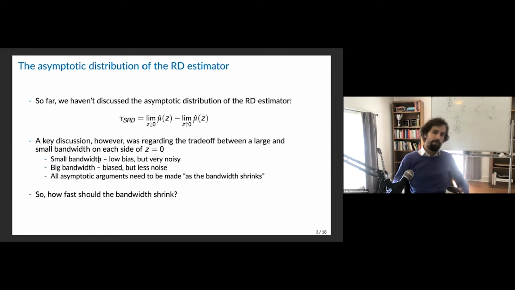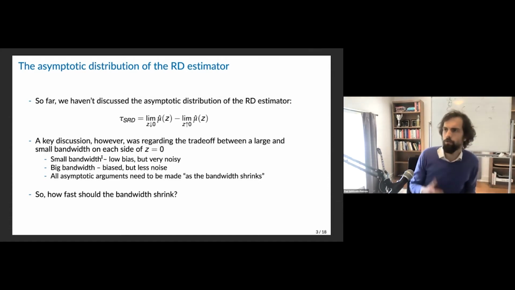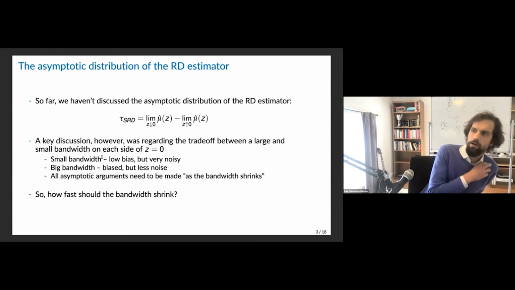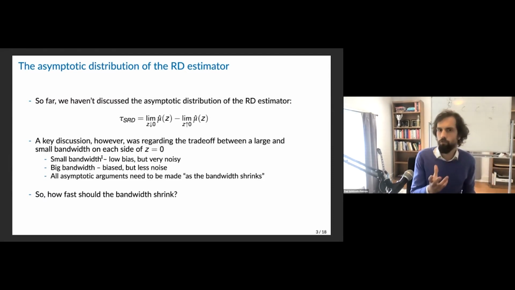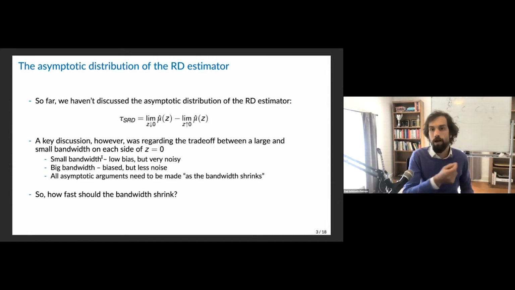Of course, one of the things that's complicated is that all the asymptotic arguments we make, for the most part (there are some exceptions), are made as the bandwidth shrinks. Everything is made at one point anyway, so these are all approximations to a given point in the first place. So what does it mean to pick a big or small bandwidth? These are finite sample things we need to keep in mind.